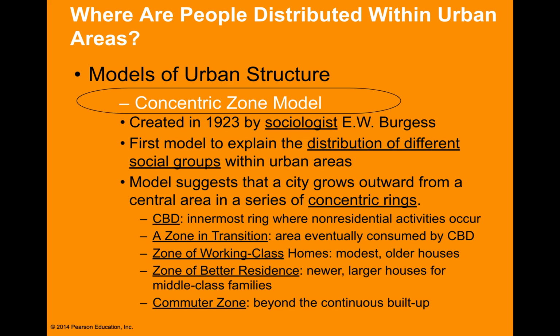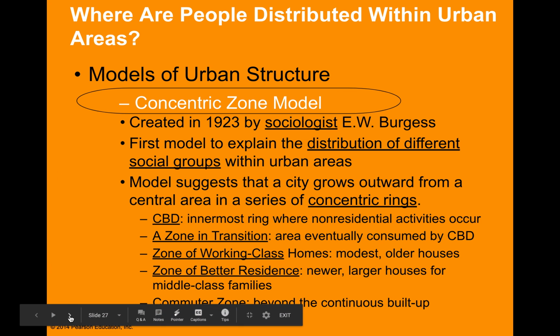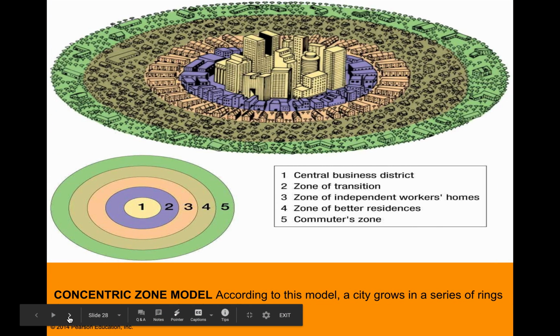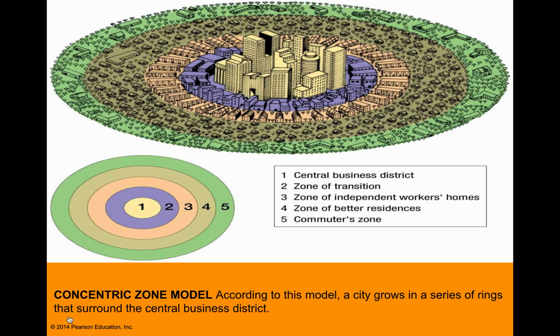Finally, the last zone is the outer zone, the low-density suburban development, which is the outer part of the central city, but it's continuously built up, and over time, after the 1950s, we'll begin to see the unincorporated suburbs. Here is a picture of the concentric zone model and the five rings.